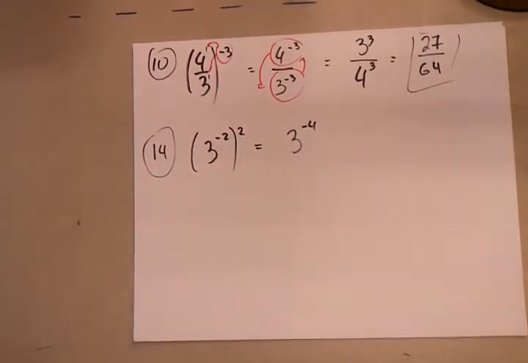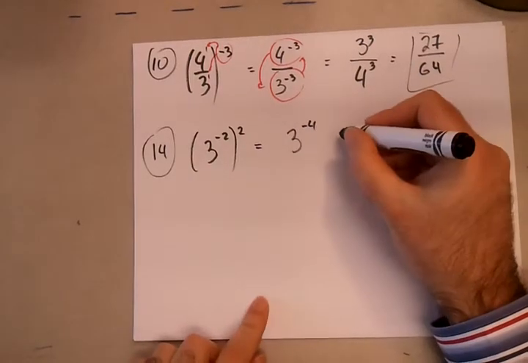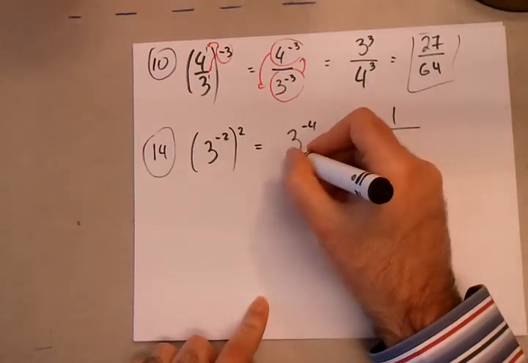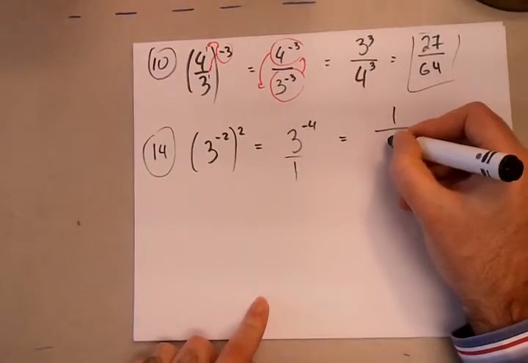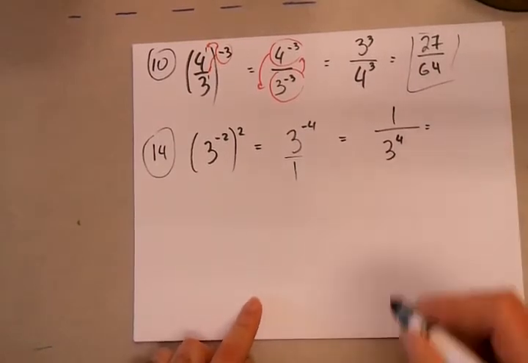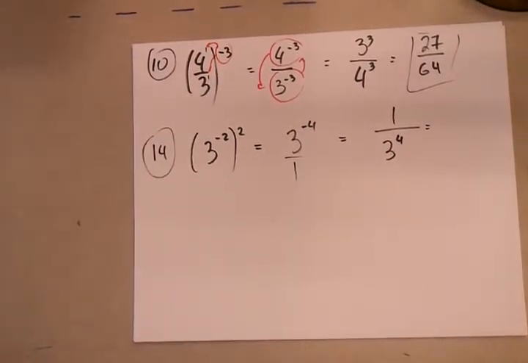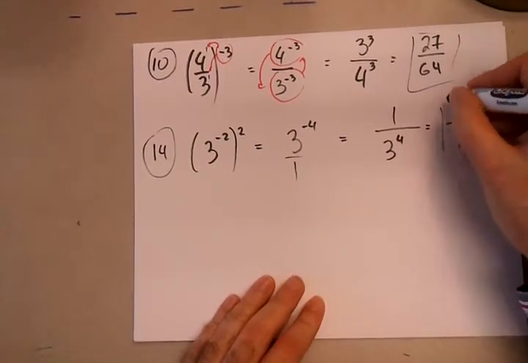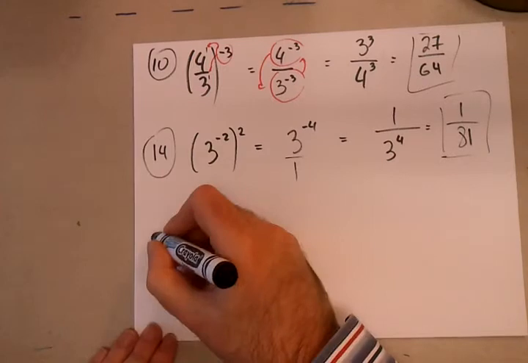Again, to make a negative exponent into a positive exponent, we have to take the reciprocal, which means we have to flip it. It's in the numerator now. It's going to go into the denominator, because remember, we can always write it as over 1. That's it. The only thing left to do is simplify it, and that's going to be 1 over 81. And that's the answer to number 14.